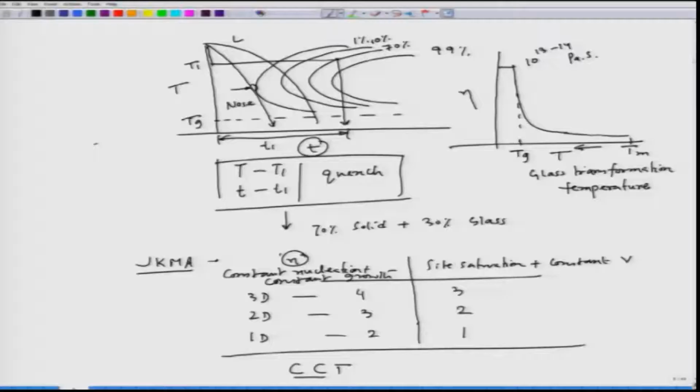This C curve is to be modified a bit, and we end up getting the CCT diagram, which is the continuous cooling transformation diagram.